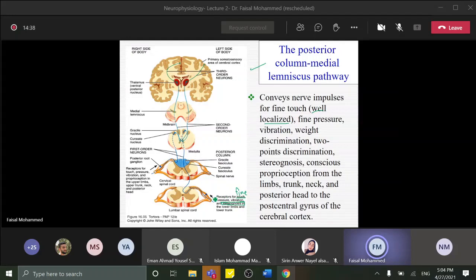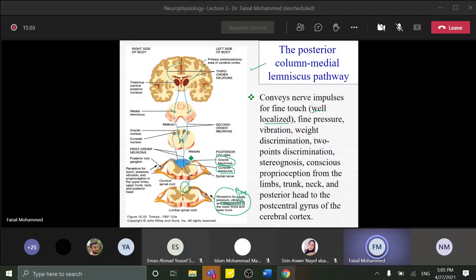This enters from the receptors, through the afferent neuron, and ascends through the dorsal column. Where does it go? Here we have two parts of the dorsal column: fasciculus gracilis and fasciculus cuneatus.